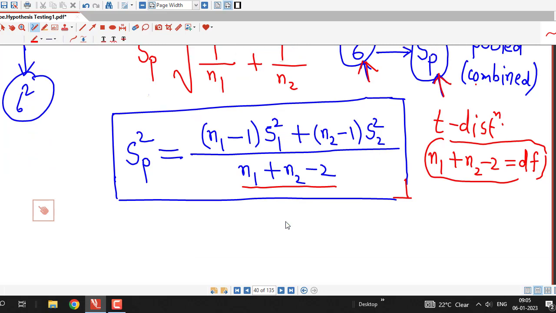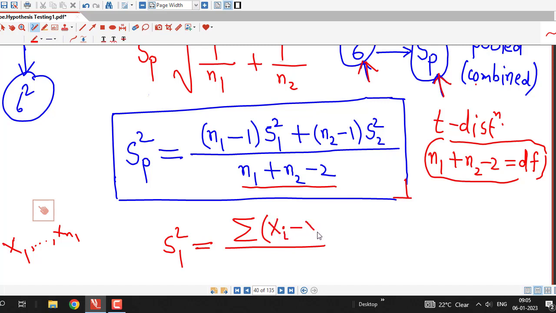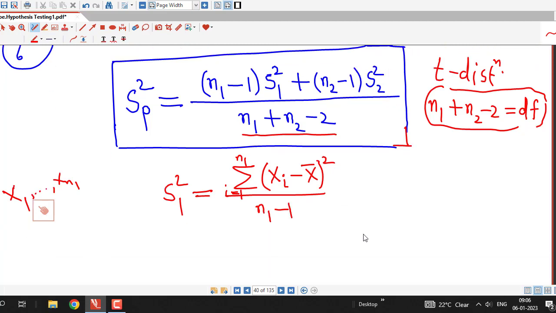And we are familiar with the formulas of these variances. Suppose our first sample is x1, x2, up to xn1, then s1 square is given by the sum of xi minus mean of first sample, whole square, i from 1 to n1, divided by sample size minus 1.